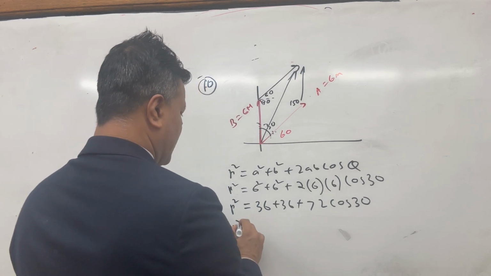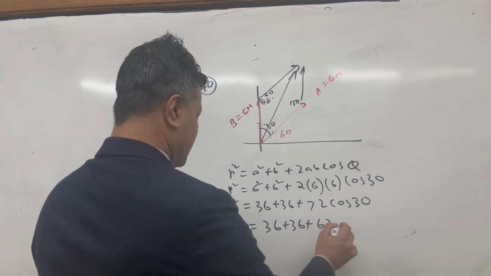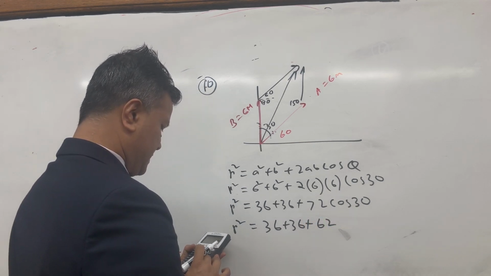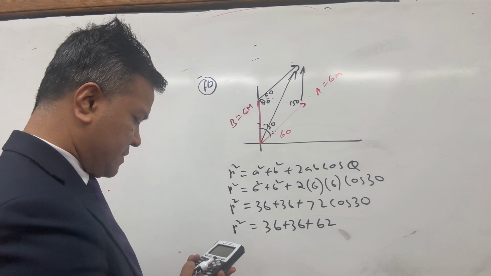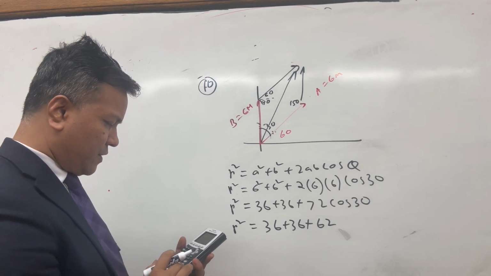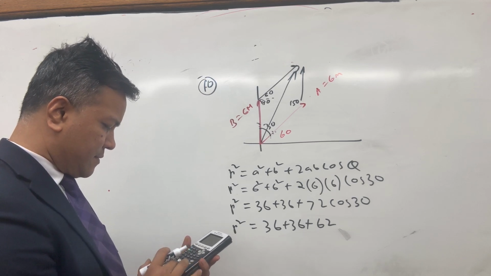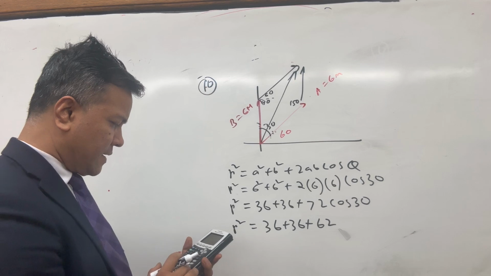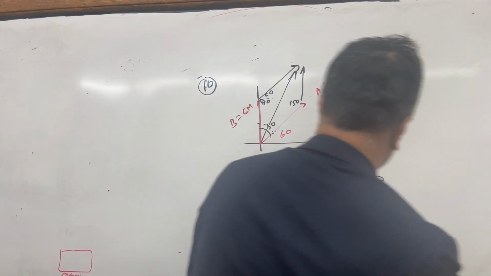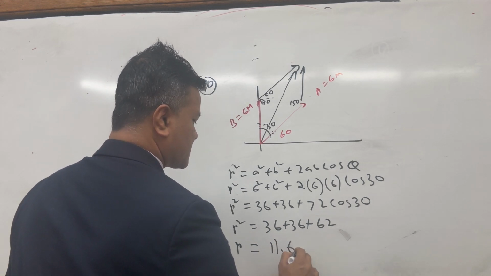The square root of 134 is 11.56, so we're just going to say 11.6 meters.